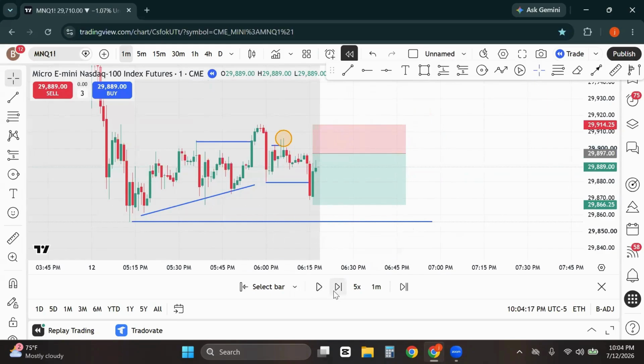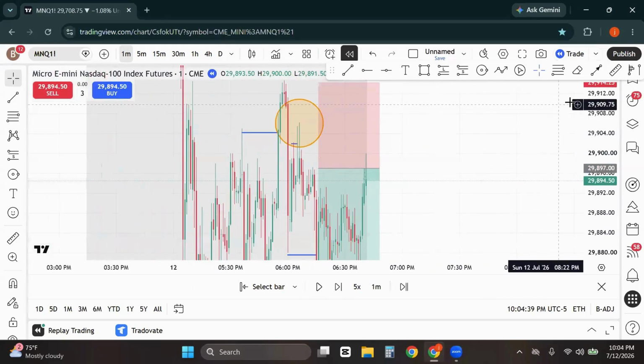So we can move price in. Still building liquidity. There we get the tap.